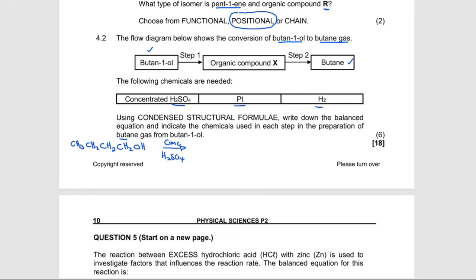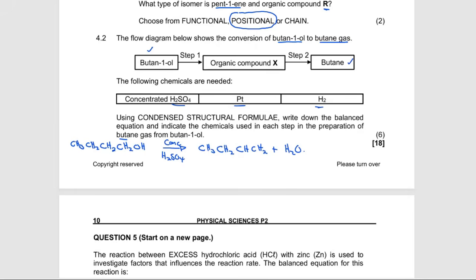It's going to give us an organic compound X. So our organic compound X is CH3, CH2, CH=CH2, plus our water, H2O, right? So this is step number one or reaction number one, right?